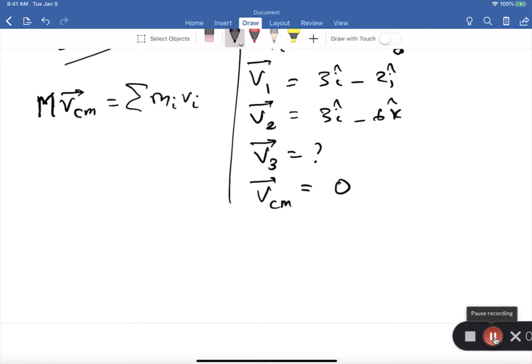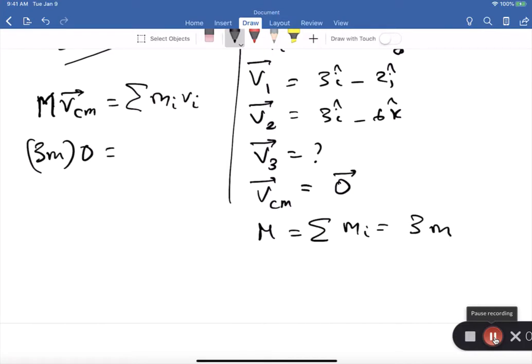So that's just going to be M plus M plus M, which is 3M. But that doesn't matter because the left side is going to be 0 anyway. So it's 3M multiplied by 0 is equal to summation Mi Vi, right? So let's just plug that in and just solve for V3. That's all that you have to do.